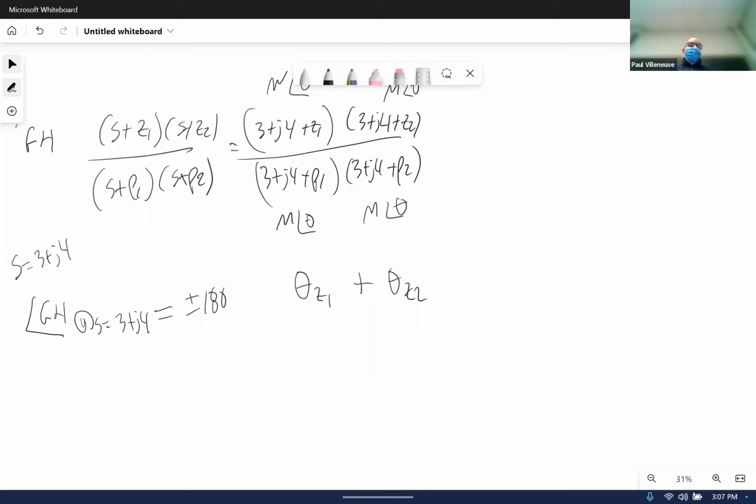These are polar numbers, right? Magnitudes and angles. We just drew those as magnitudes and angles. How do we include them? Well, let's step back. The two angles that I had for the zeros, where were they? In the numerator or the denominator?